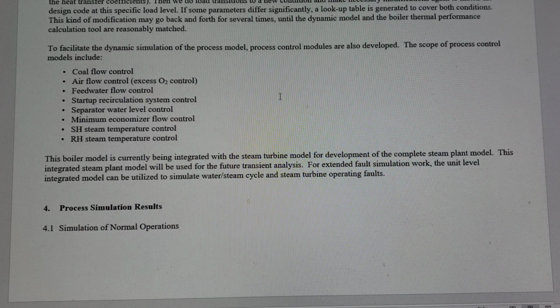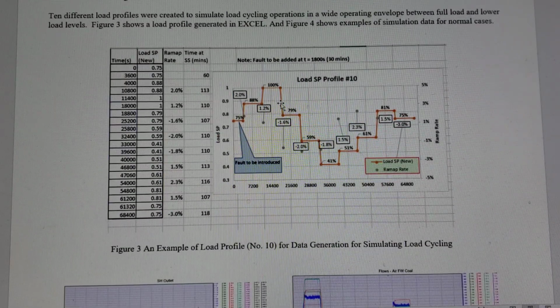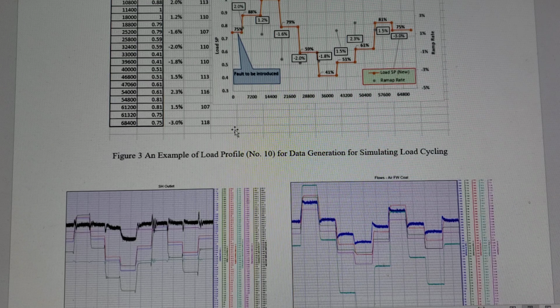The model is not just a steady state model, it's a dynamic model with which you can simulate operation of the boiler of the power generation unit between low load and full load, with different load ramping rates. What we simulate is we create what we call a load profile.